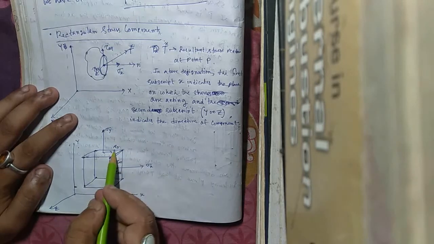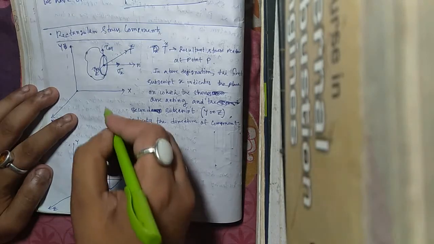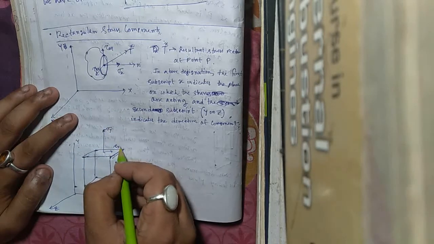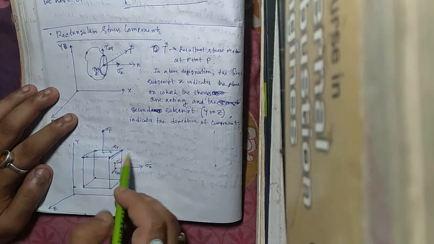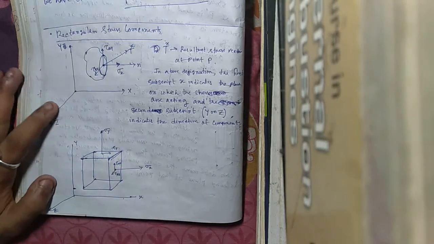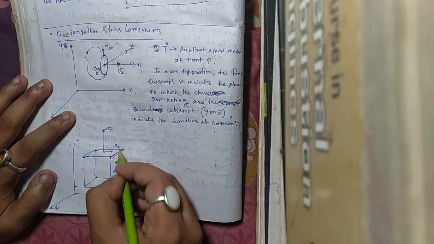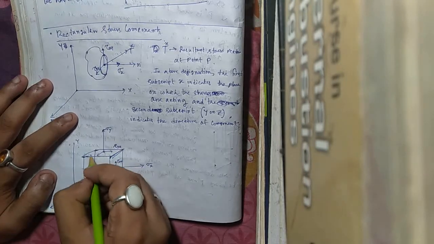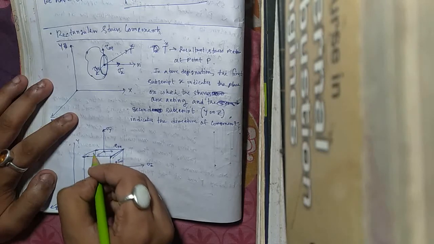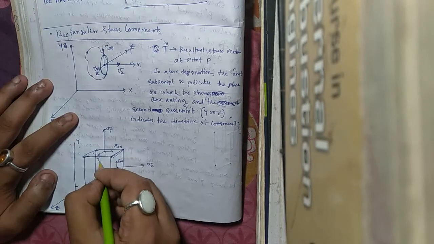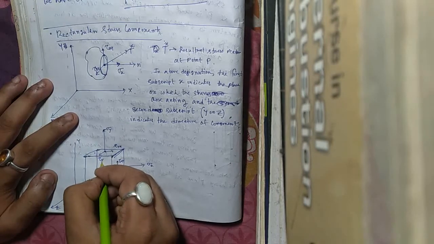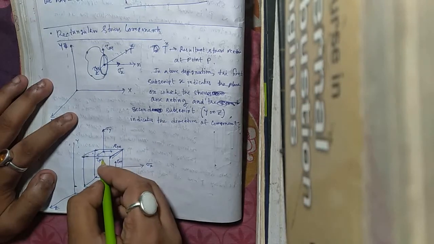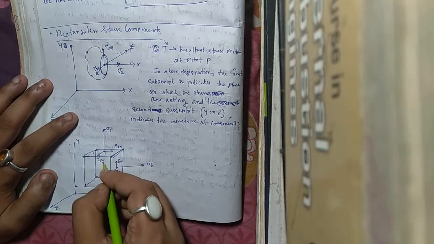Tau y means, because this is acting on the y plane and the direction is x, we have to write tau yx, and this is tau y, because it acts on the y plane and the direction is z.